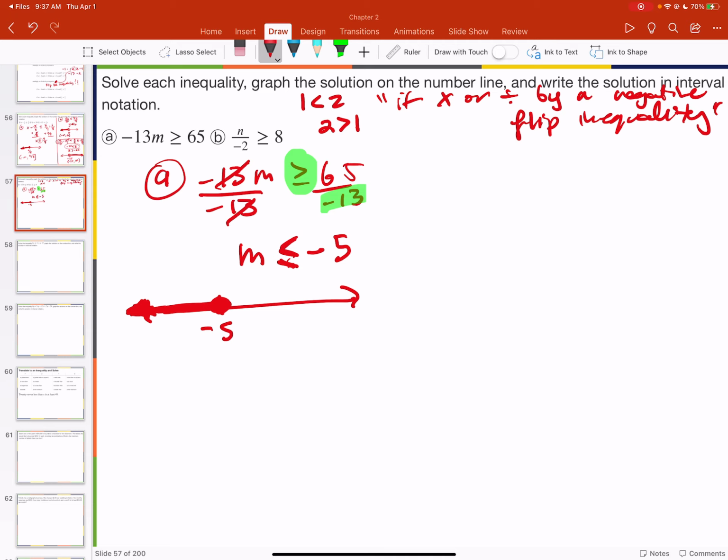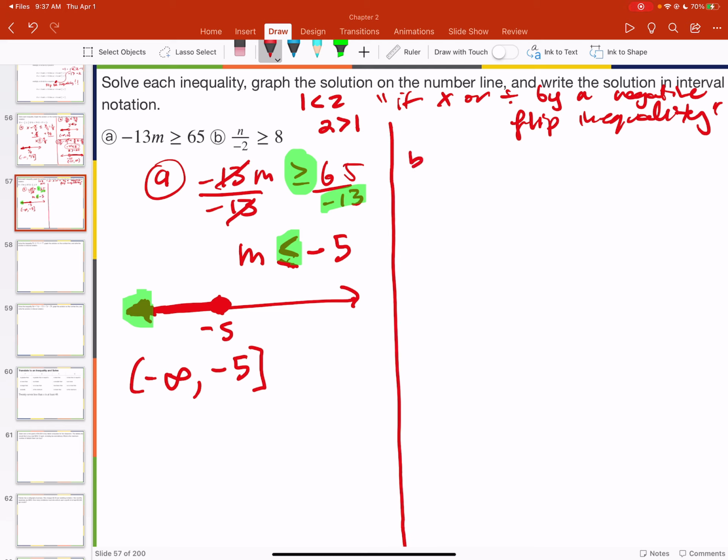You can always rewrite an inequality, especially if the variable's on the right side. It's easier to put the variable on the left because where it says less than, it matches the arrow point. That might help with graphing. Then interval notation, I just pass along what people tell me sometimes when it comes to math tricks.